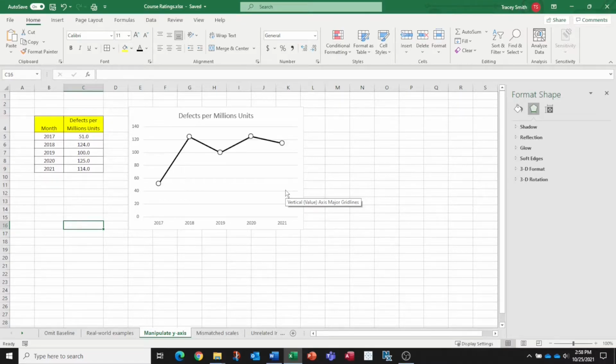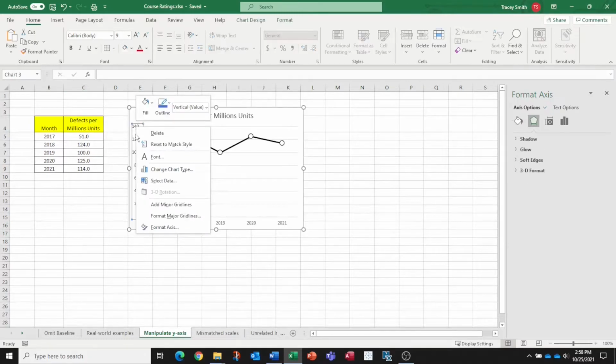So we can see we've got a pretty substantial increase between these 2 years, and then we've got a certain amount of variation after that. Now, we've got our baseline correct because we're plotting down to 0, and we've got it plotting up to about 140. But here's what people do to manipulate the graph.